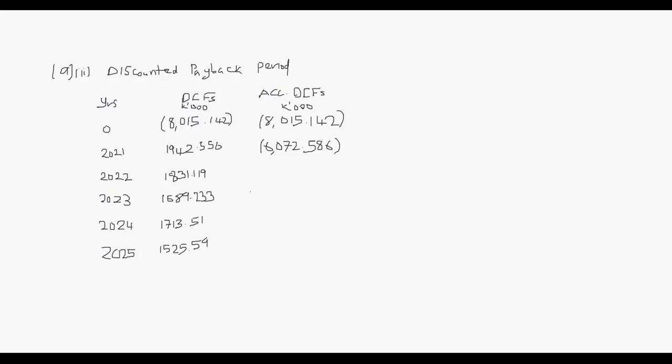So now in 2022, we are going to have negative 4241.467. Still in brackets, in negatives. So we just continue like that.